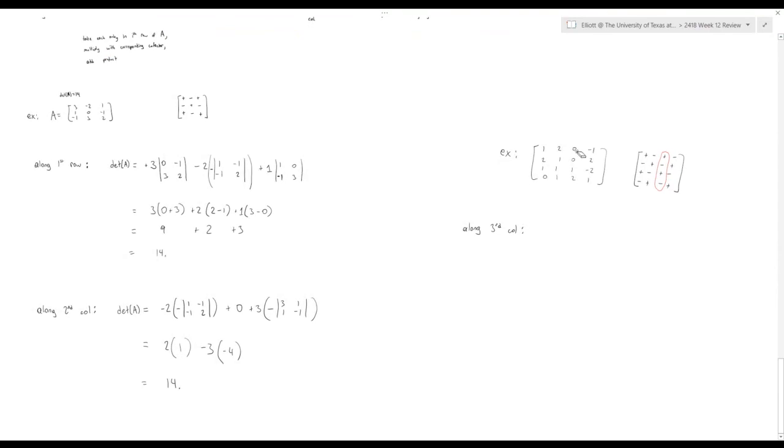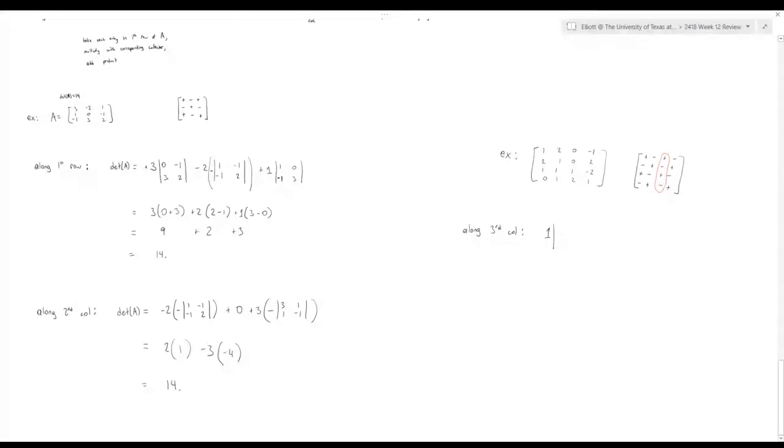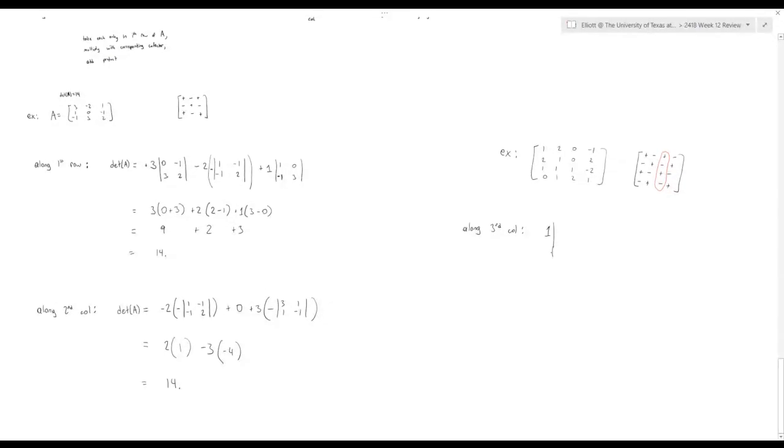Now the first two entries are going to be 0, so I don't have to worry about those. So starting with the third entry here, we have a 1. And then what I have to do here is, the cofactor will be plus, not minus. And then if I cross out the row and the column containing that 1, we're left with a 3 by 3 matrix now.